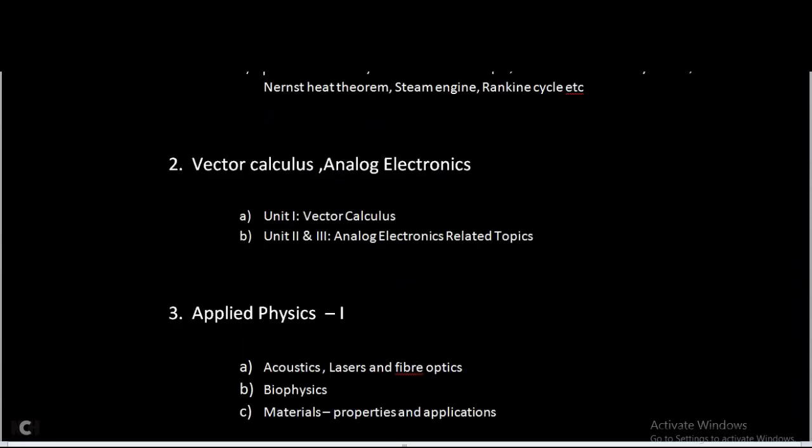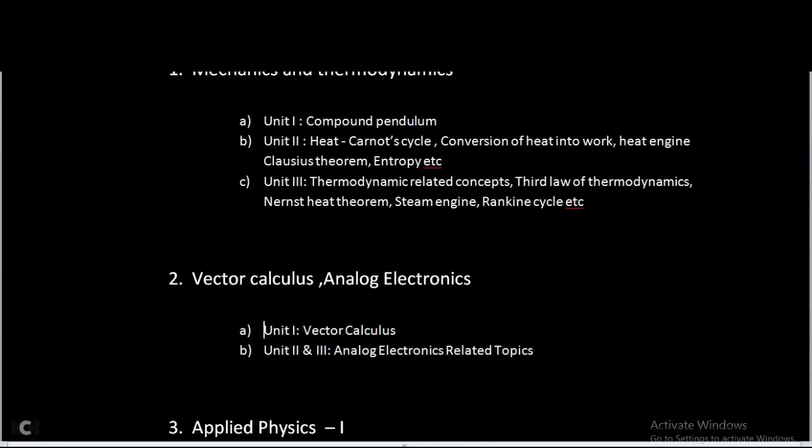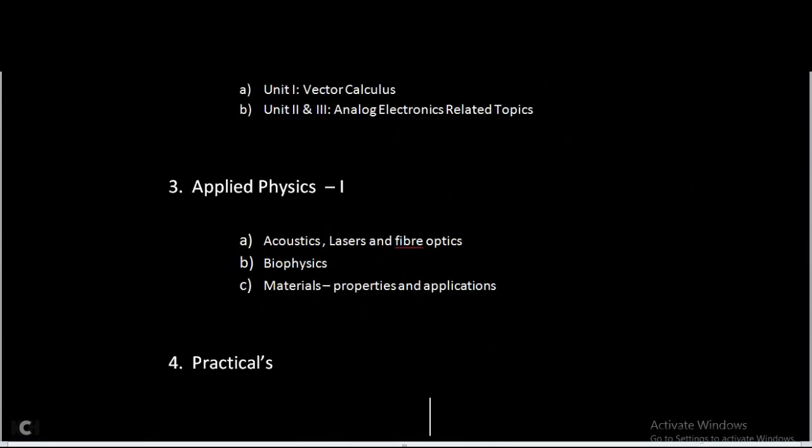It's good actually. Then biophysics, then materials, properties and applications: what the types of materials are and all you will study in this. Then after these three parts, you have to conclude with the practicals. Lastly you have to appear for the practical and perform the practicals according to the above mentioned topics.